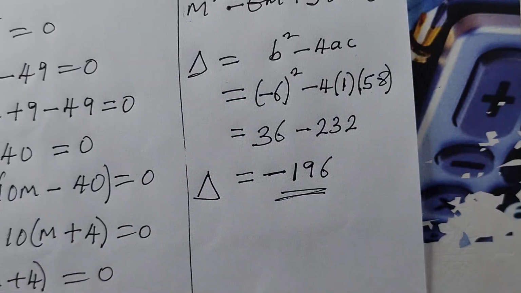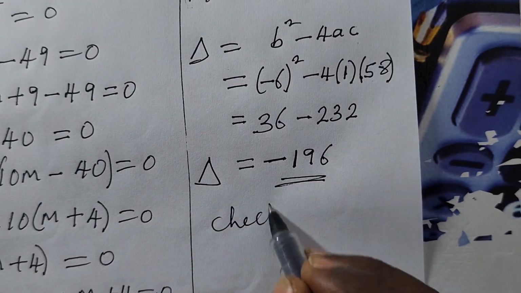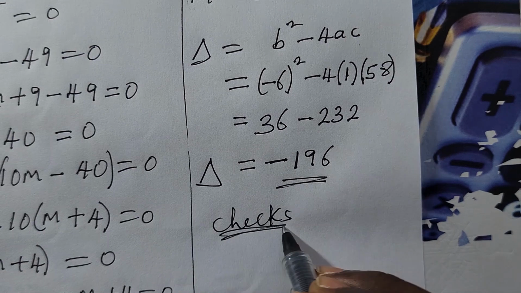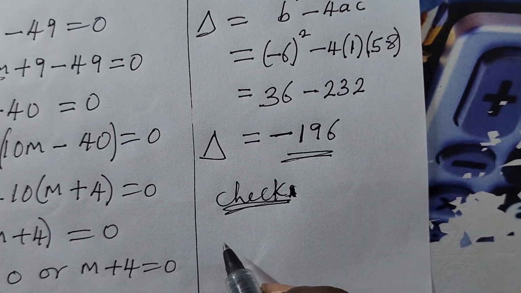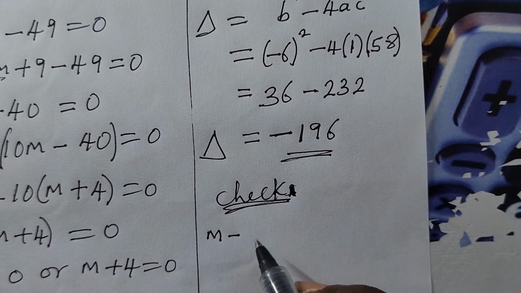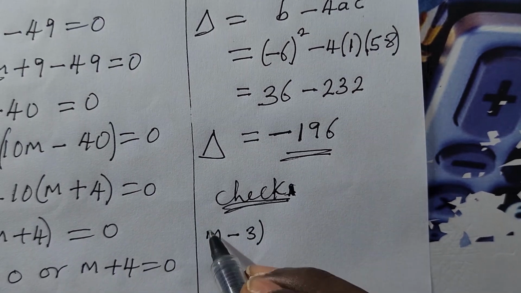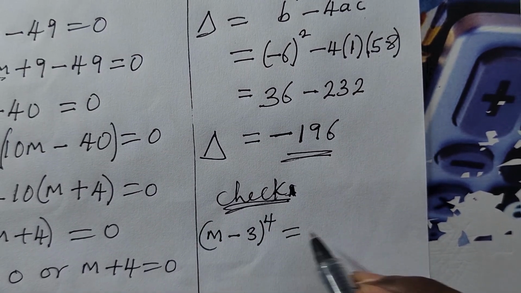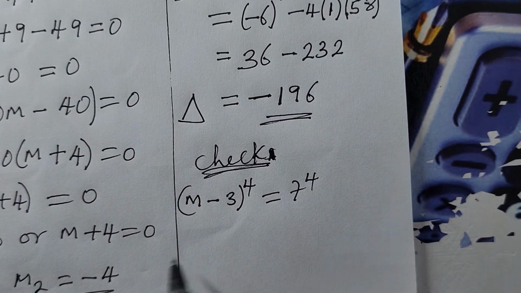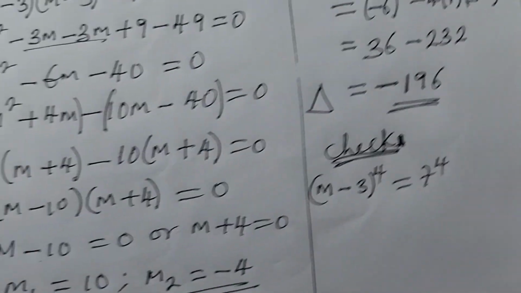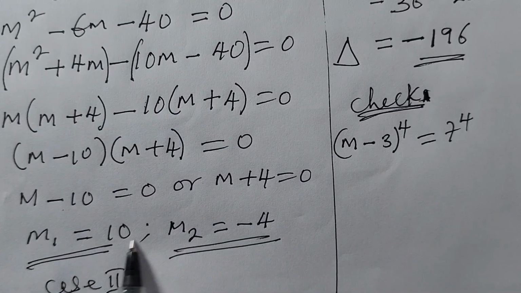But we can do a simple check on these answers to see if they will satisfy the original equation. So let's take our check. We are taking our equation, which is m minus 3 all to the power of 4 equal to 7 to the power of 4. The first thing here is to put in the first root, m1 equals 10.